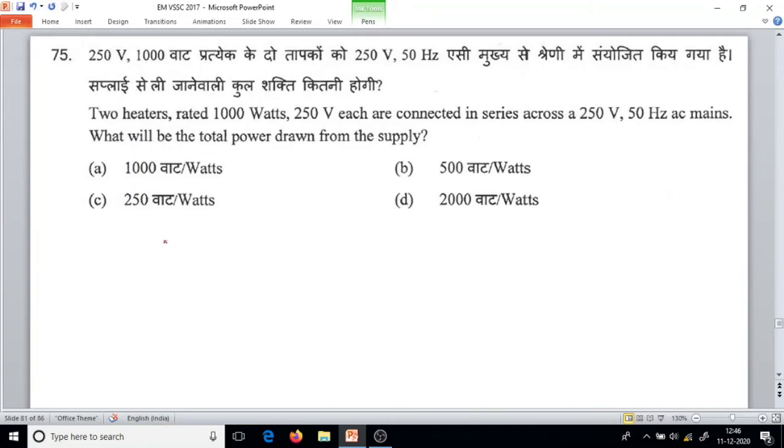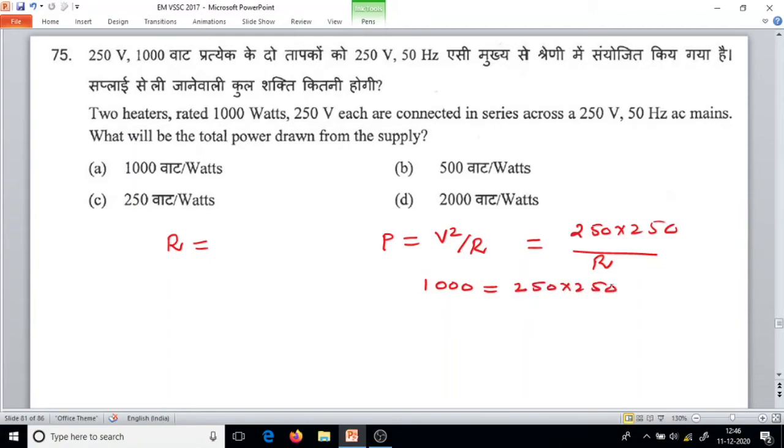Now we will find out the resistance of each heater. P is given. What is power? V square by R. V square is 250 multiplied by 250. We don't know the R value, but we know power, 1000 watts.